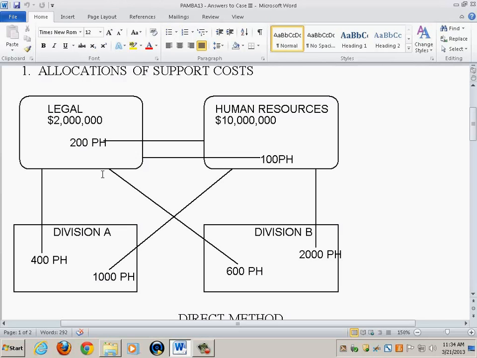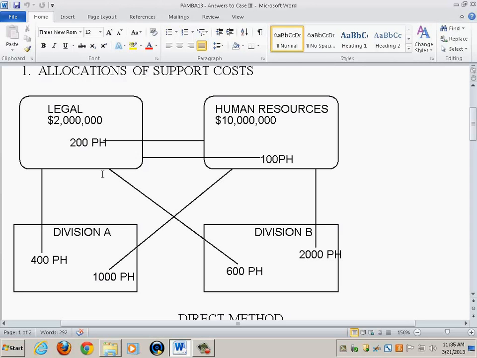But remember, in doing so, you ignore the fact that legal and human resources give to themselves and to other departments a diversity of services. It's not just one thing that they're doing.